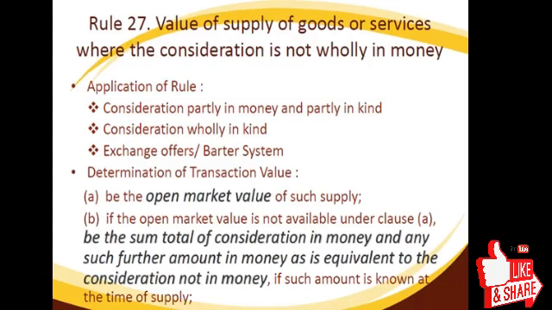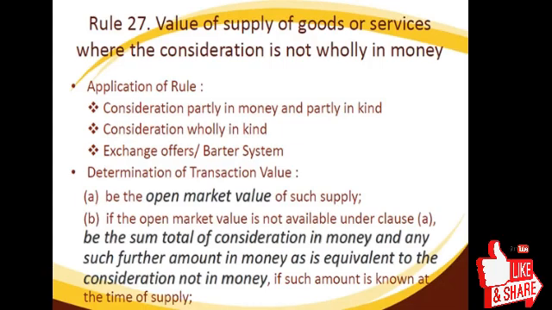Now suppose the second condition is also not fulfilled, then you will move on to the third point, that is supply of like kind and quality. And suppose this point is not fulfilled either, then you will move on to rule 30 and then rule 31.